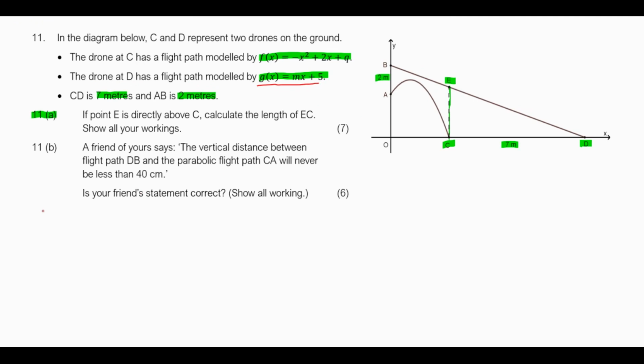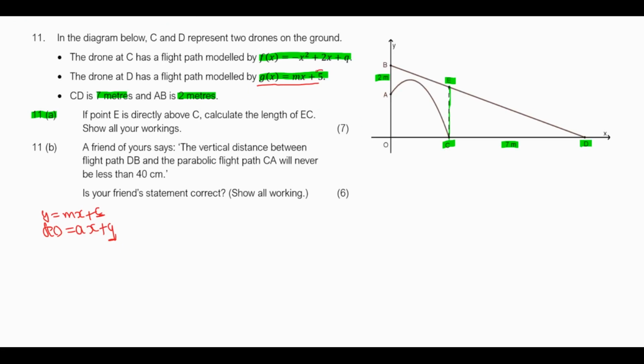Remember that if we have an equation in the form y is equal to mx plus c, or f of x is equal to ax plus q, then c or q represents the y coordinate of the y-intercept.